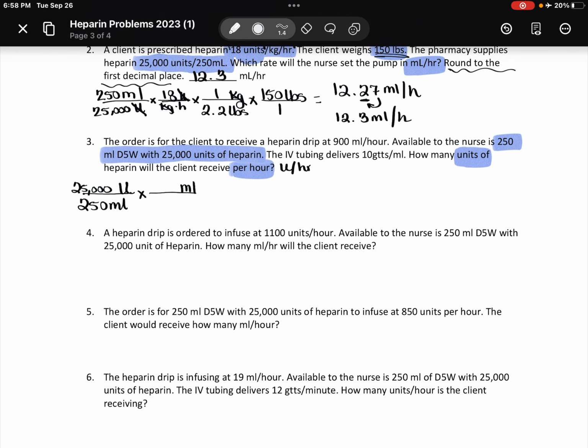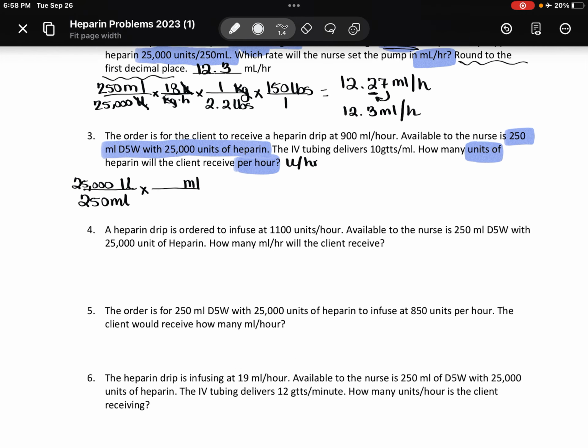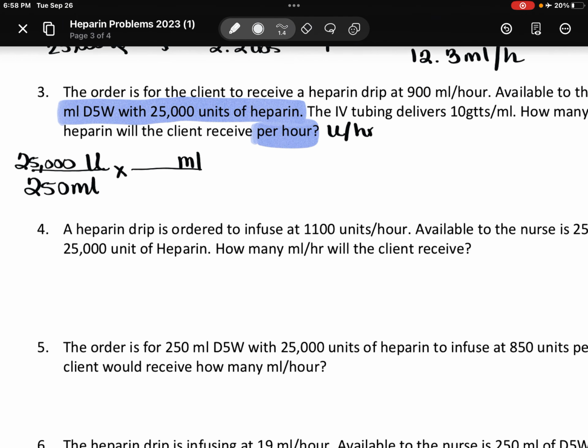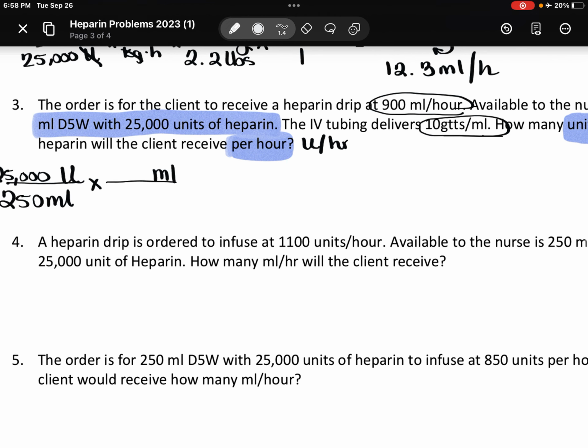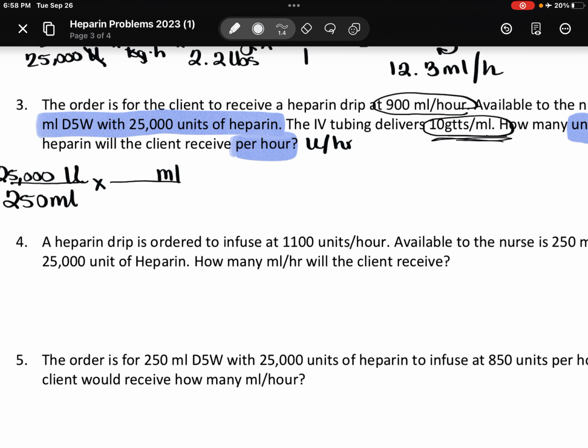So where in my problem does it have milliliters? And this part right here is where you can get tripped up. I'm going to show you how you can get tripped up. So there's 2 milliliters here. There's a 900 milliliters per hour, and there's a 10 drops per milliliter. So, for example, if I use this 10 drops per milliliter, I put my milliliter up here and my 10 drops down here.